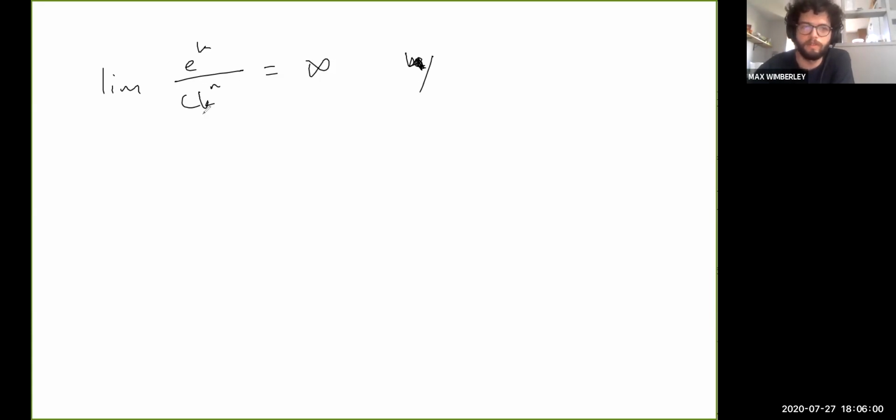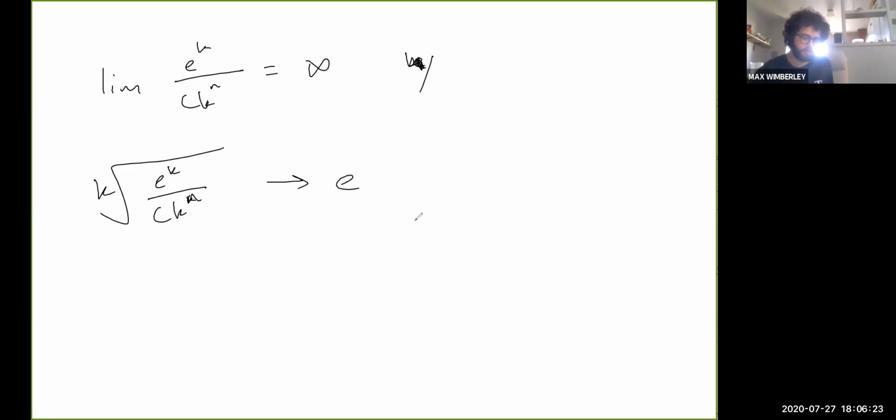You can do the root test on this. The kth root of e to the k over c k to the n approaches e. That basically tells us that this approaches infinity. Does that make sense to you guys?